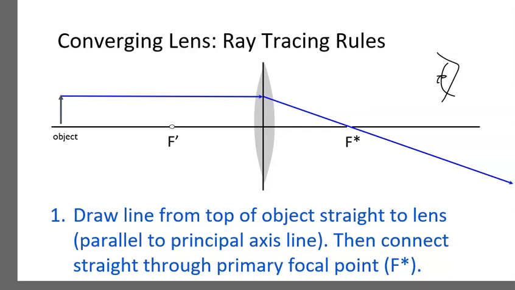Light is coming through here. It's going to go straight to the middle of the lens, and now our principal axis is going to be right down the center of our converging lens. It's going to go straight to that line right there, and then it will connect through F. So that's the first one.